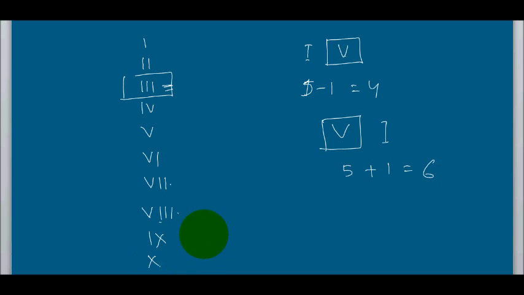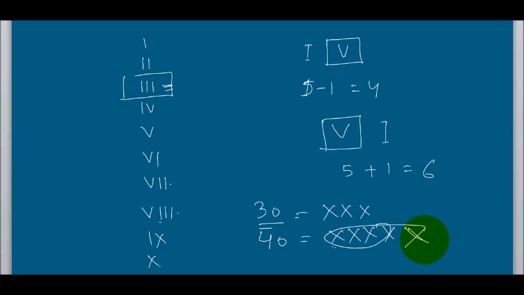When I give you some tips for writing these numbers, then you can understand. Suppose you want to write 30, so you can repeat 10 three times. And if you are asked to write 40, you cannot write it like this, because this has been repeated a fourth time, so it is not valid.